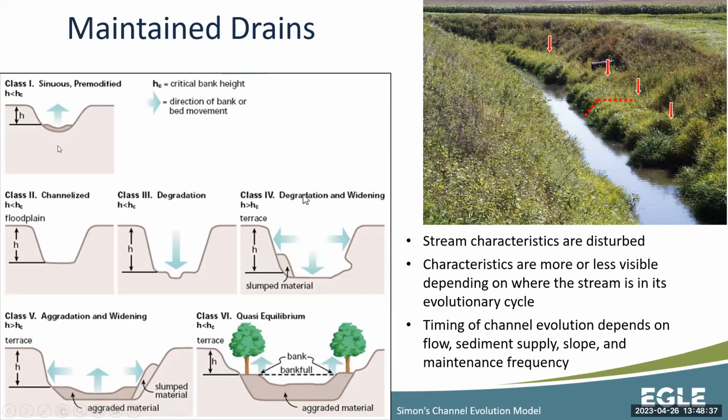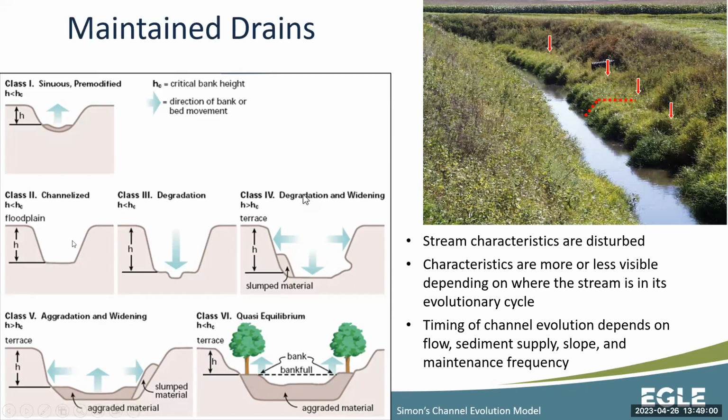And then if it is maintained as a drain, typically these are trapezoidal channels. They are dug out so that they are over widened and over deepened. And doing this cuts off access to the floodplain.